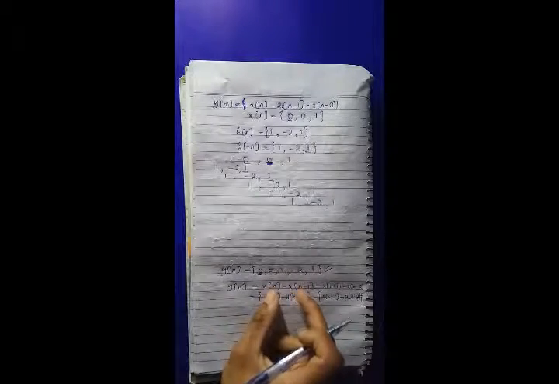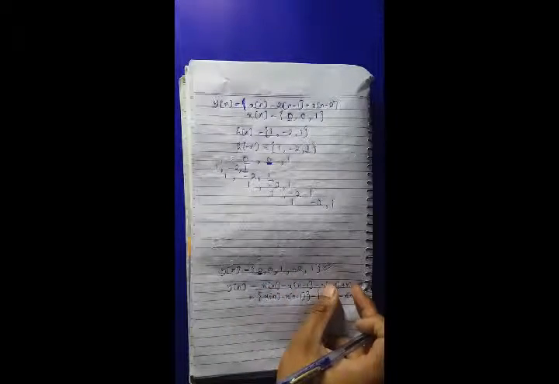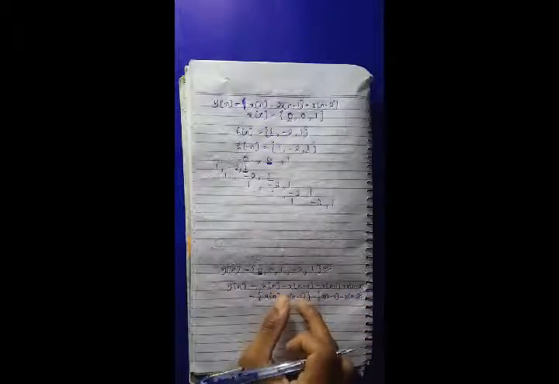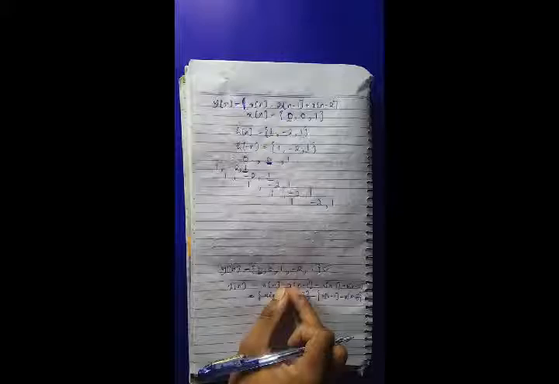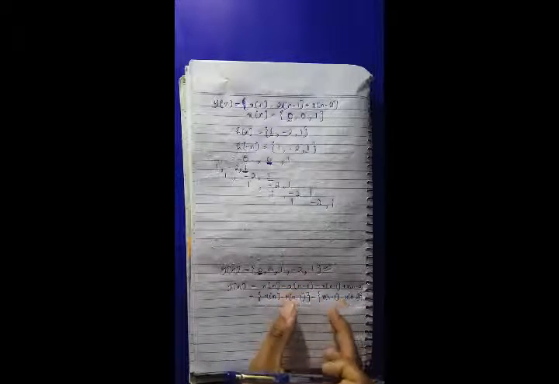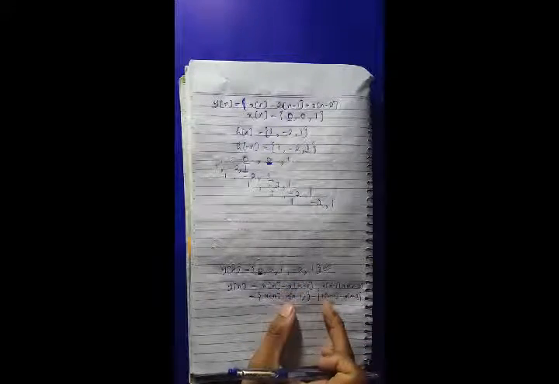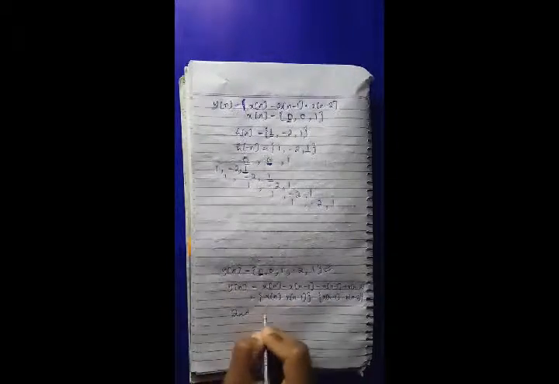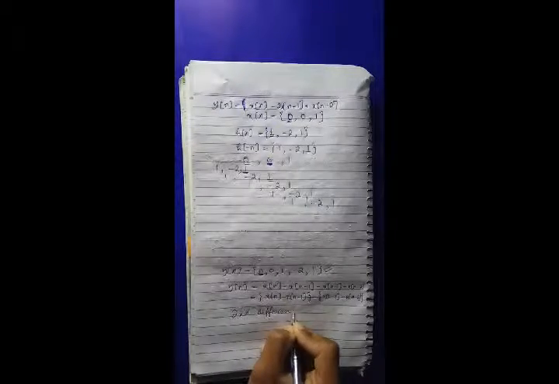So what is happening, we are taking the difference between two consecutive values, and by taking the difference between two consecutive values, again we are taking their difference. So this is nothing but a second difference system.